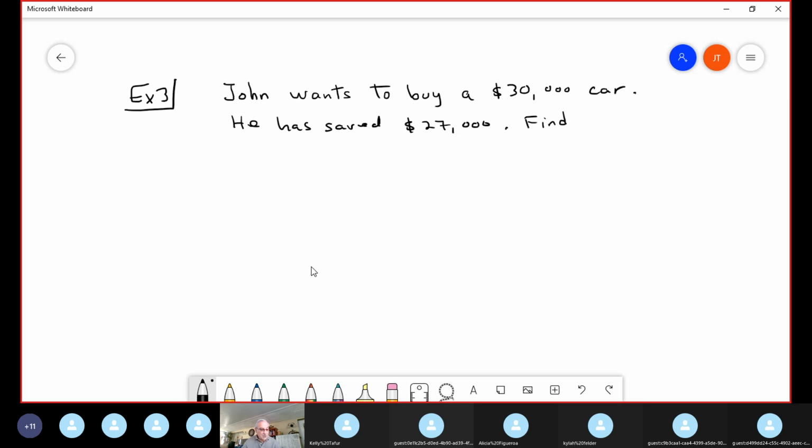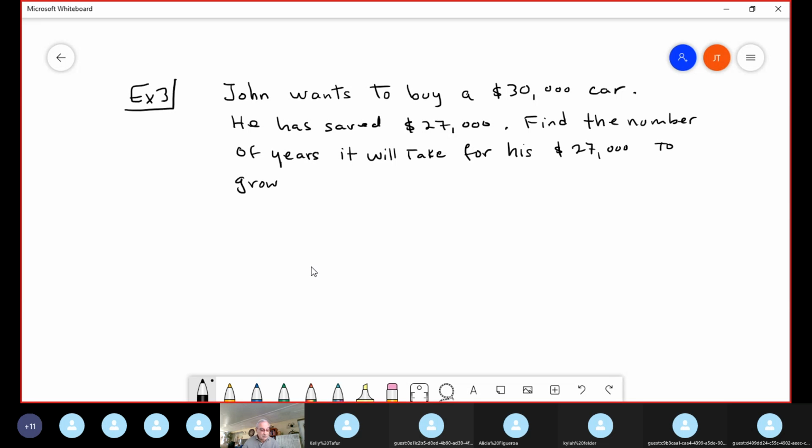Find the number of years it will take for the $27,000 to grow to $30,000, at a 4% interest rate compounded quarterly.